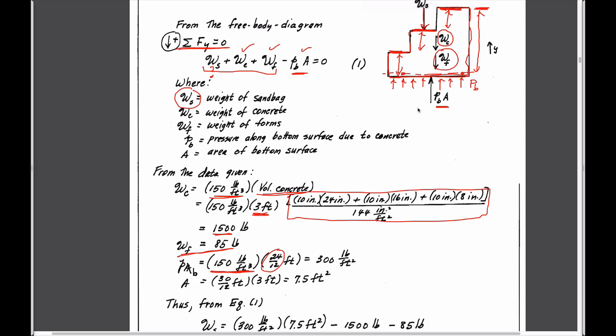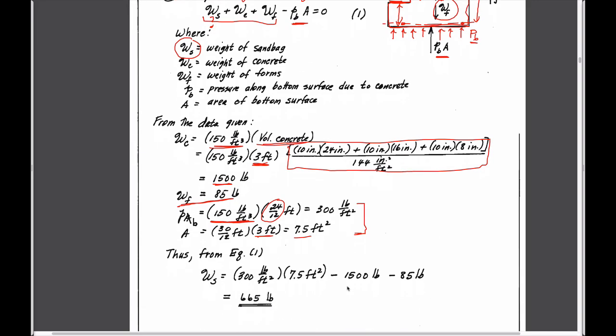And so the pressure acting at this base is a uniform magnitude of 300 pounds per square foot. And if you multiply by the basal area of this, 3 feet wide by 30 inches in length, you end up with a total area. These combined together give you the total force that's applied as a result of that.